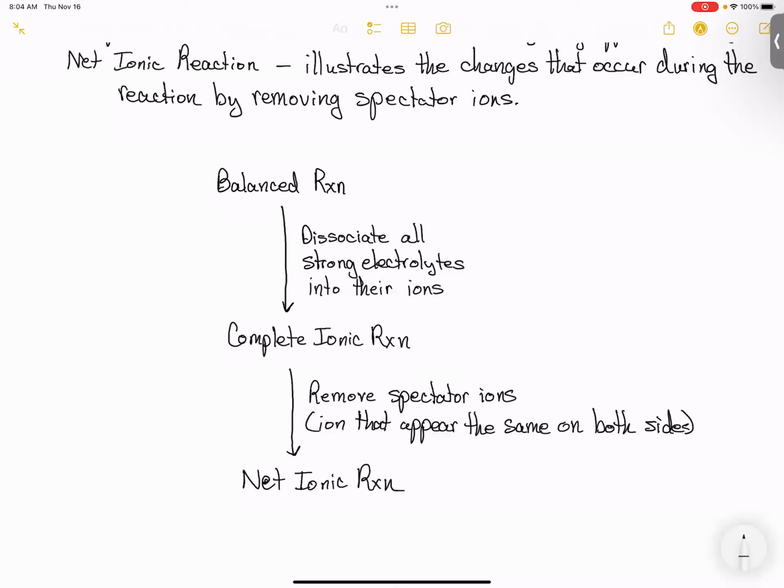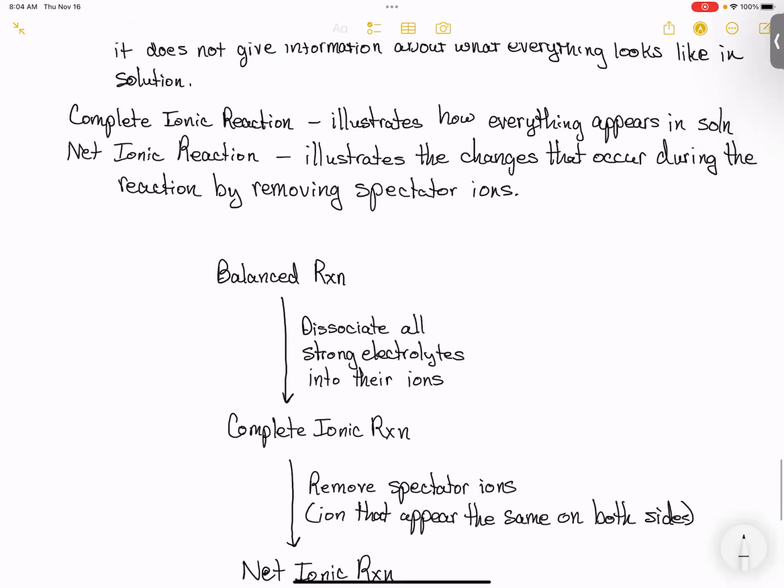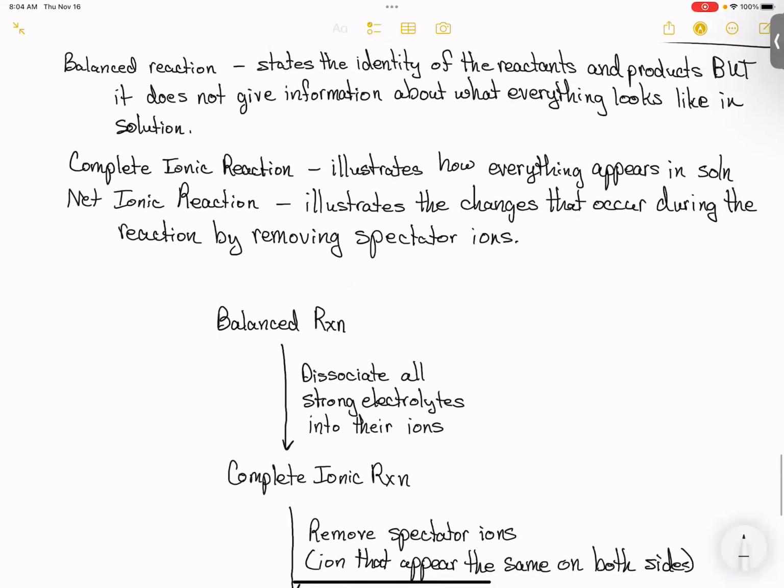Okay, so balanced reactions, complete ionic reactions, net ionic reactions. Again, the balanced reaction is probably the least informative of the chemical reactions. It identifies the reactants and the products, but it really doesn't give any information as to what's going on in the reaction itself.